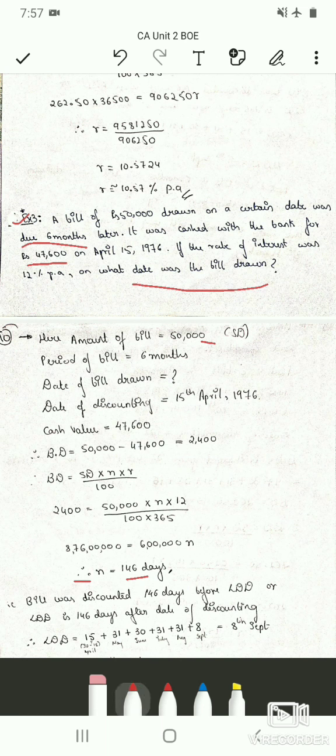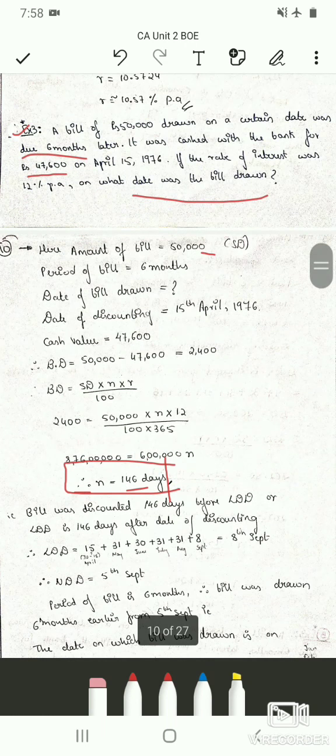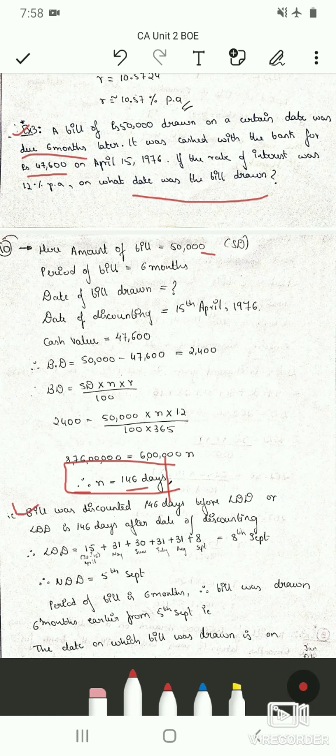So what does this mean? What is this N equal to 146 days? It is the number of days between date of discounting till the legal due date. So the bill was discounted 146 days before the legal due date, or legal due date is 146 days after the date of discounting.